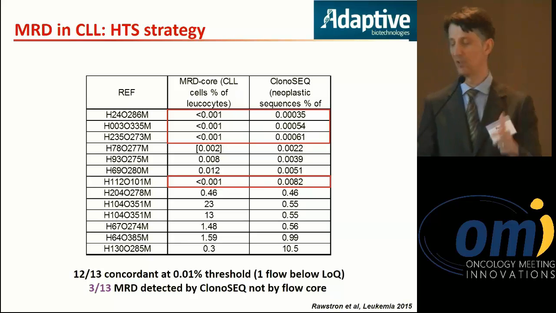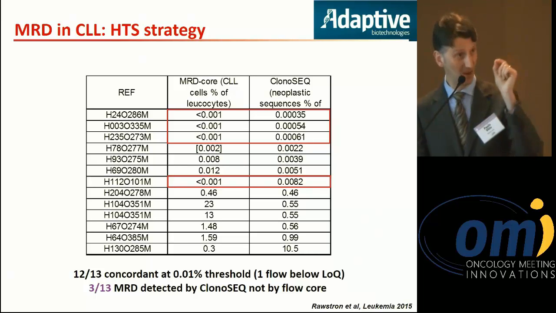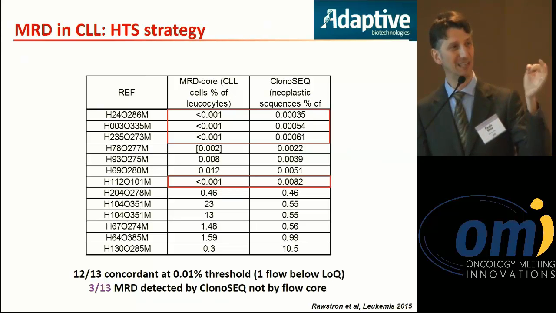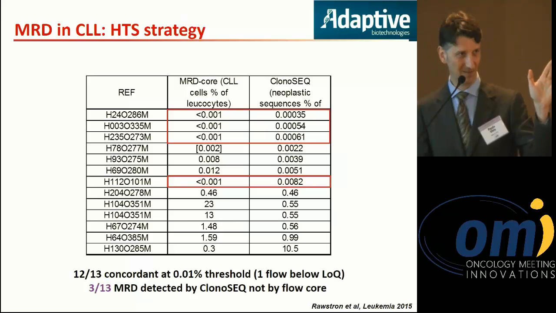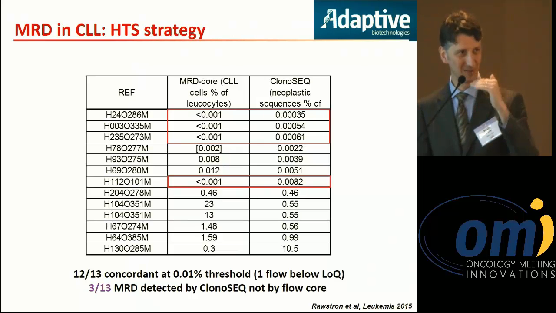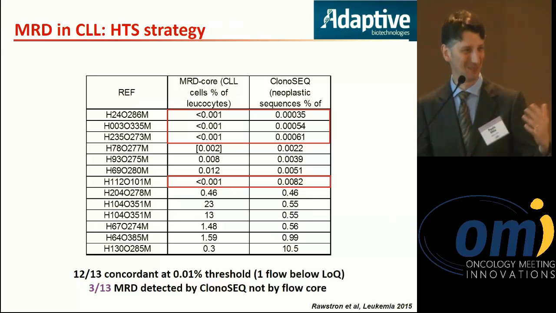So you've had no cases negative by sequencing? No, we found cases negative by sequencing. Oh, you did find? Yes. I understood that you asked me if we found negative by next generation and positive by flow. No. But there were negatives by next generation sequencing, so again, probably 10 to the minus 8 or 10 to the minus 10, but we don't know.